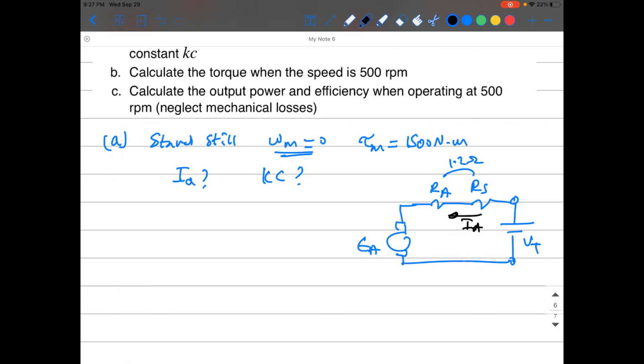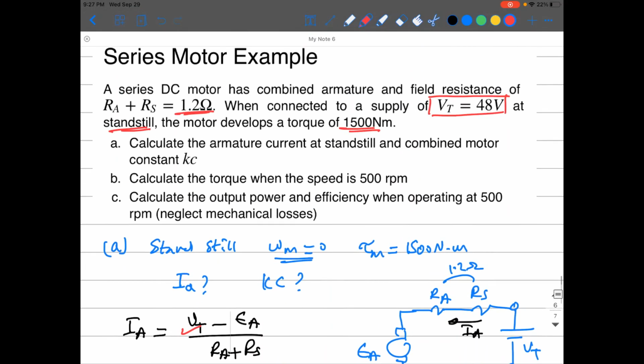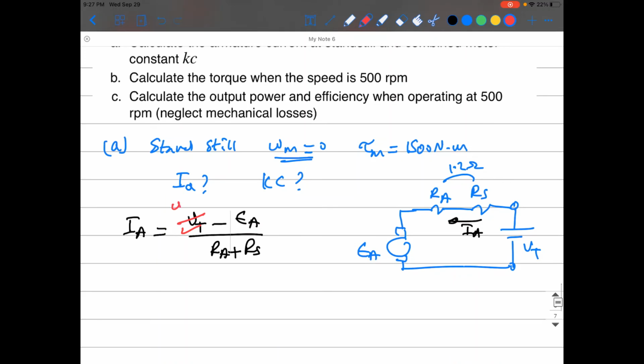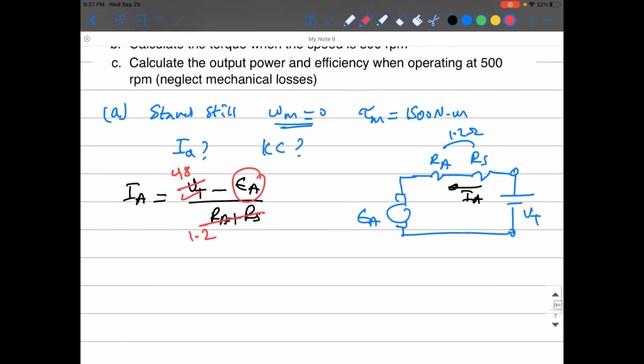So what we need now is calculating Ia. Ia will equal Vt minus Ea over the combined resistance Ra plus Rs. We know the terminal voltage is given to be 48 volts, and Ra plus Rs is 1.2, so to find Ia you basically need to find Ea.